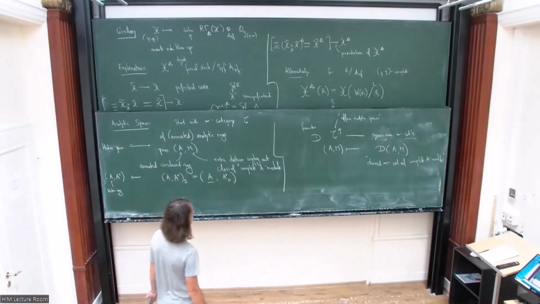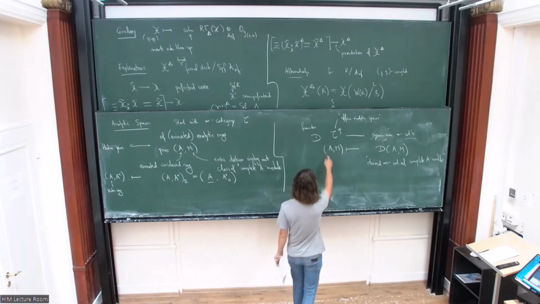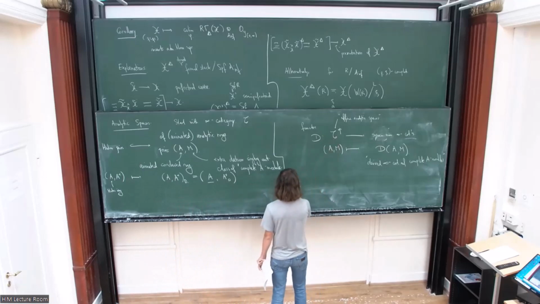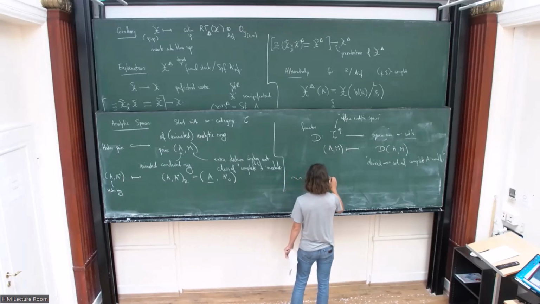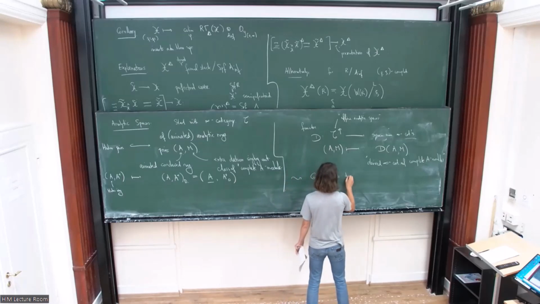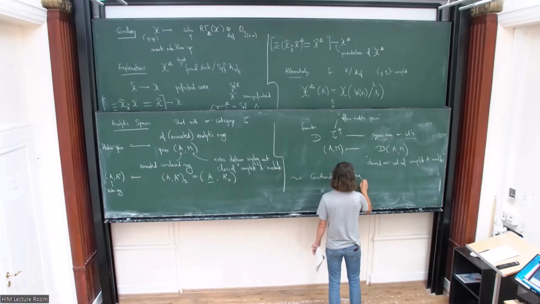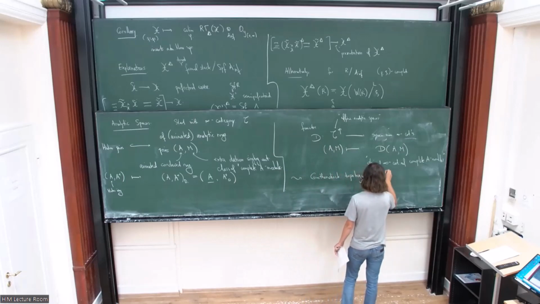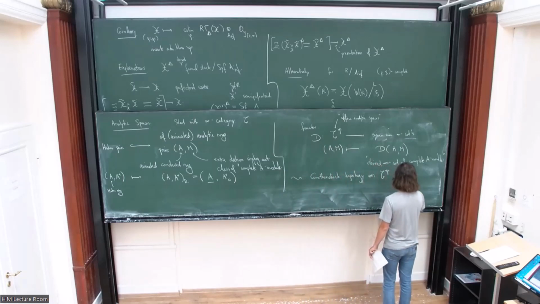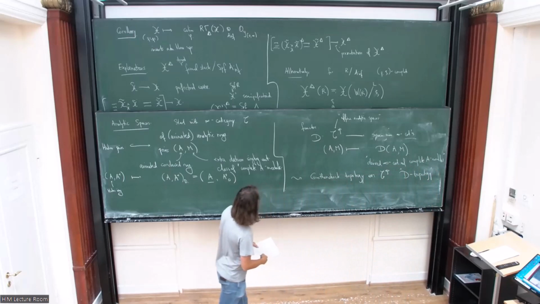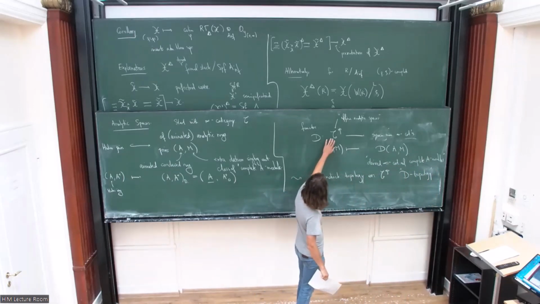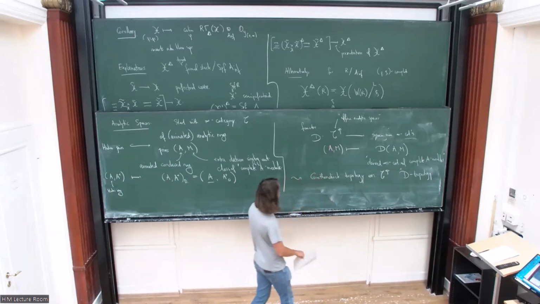And from this data, one can introduce a certain Grothendieck topology on here. How do we define the topology? Basically, it's more or less the universal topology with respect to which descent is satisfied.